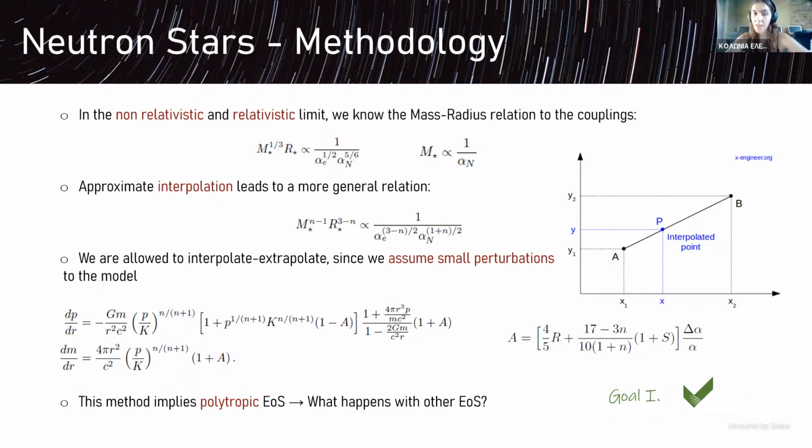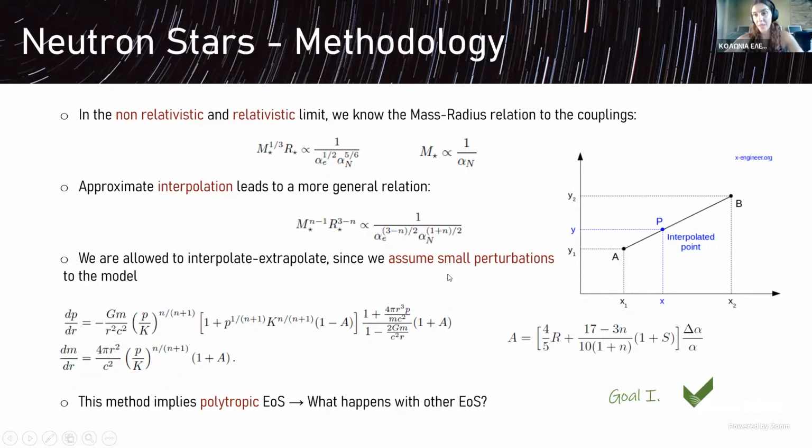So this is how we can say that P is on this line connecting A and B. And this is how we actually find this interpolated general relation for the mass radius function. Now, we can do this also for P being at values lower than A or at values higher than B.